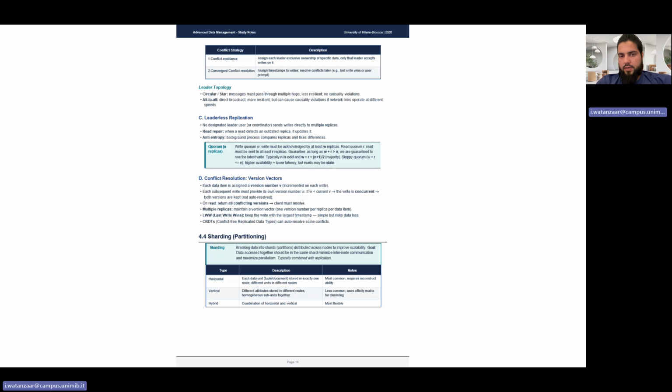multiple replicas. Okay, and here we have two approaches. Like in leader replication, here there is no leader responsible for managing all these writes. So we have two approaches. The first one is called read repair. When reads detect an outdated replica, let's suppose there is a read request and it detects an outdated replica, it updates it.